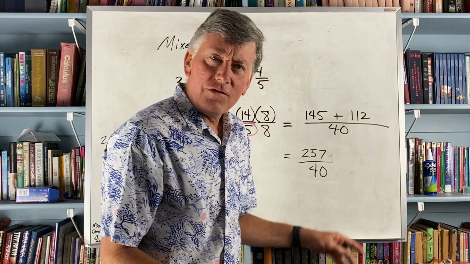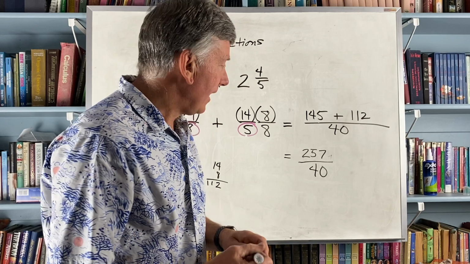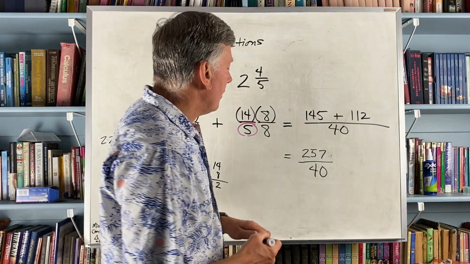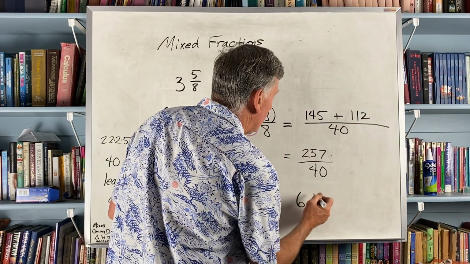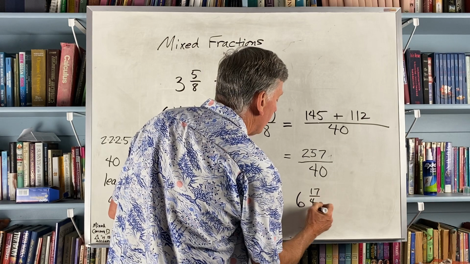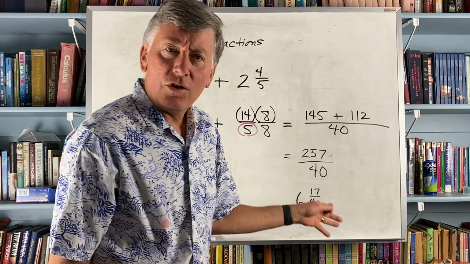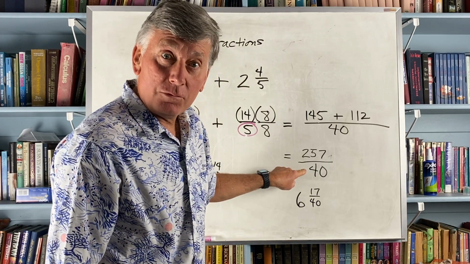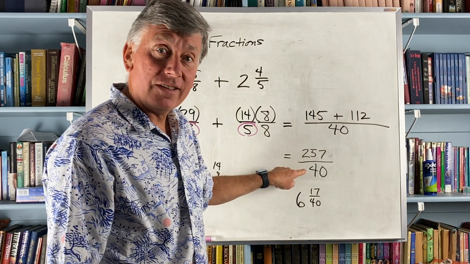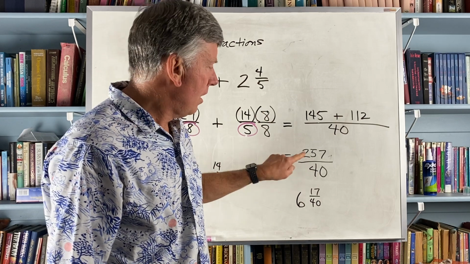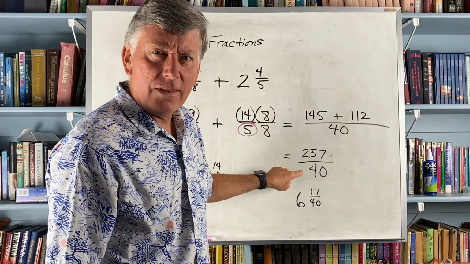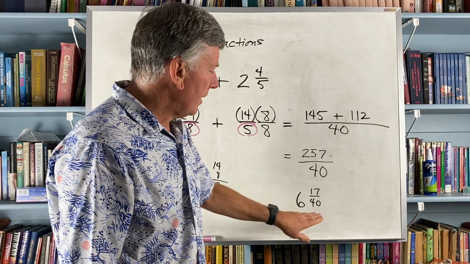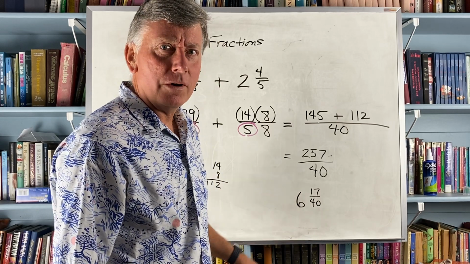Now, at this point, if you wanted to write this as a mixed fraction, you could. That would be 6 and 17/40ths if you wanted to do that. But I'll tell you this, in algebra, in pre-calculus, in calculus, however far you go, that's your answer. That's what you want. Don't mess with mixed fractions much anymore.